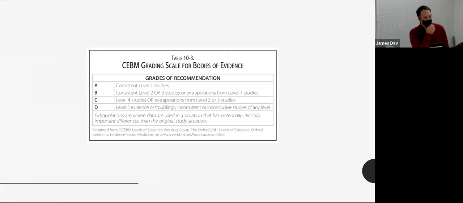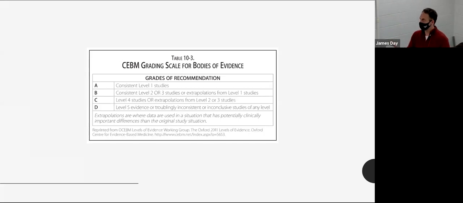Then from that, right, that's how you evaluate each article. So each piece of research has its own level of evidence, right? So when we go through and do our critical appraisal on Wednesday, we will assign that research article a level of evidence.